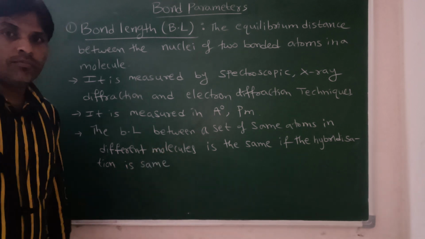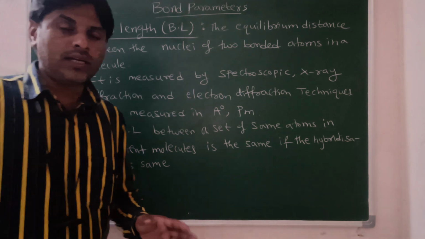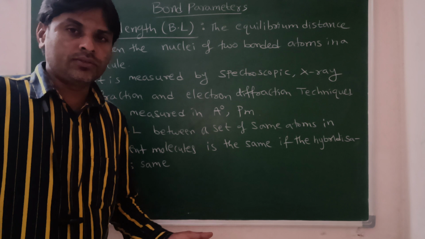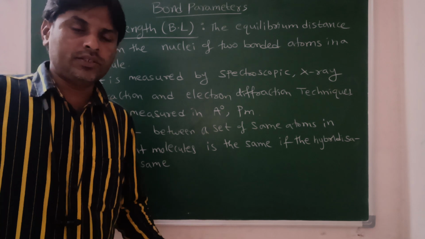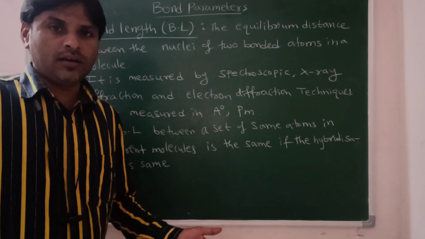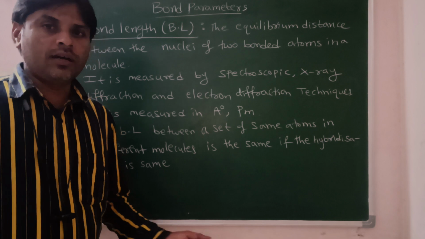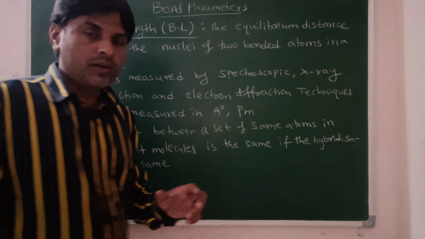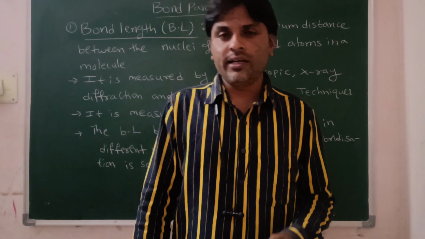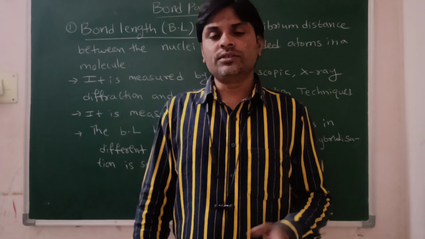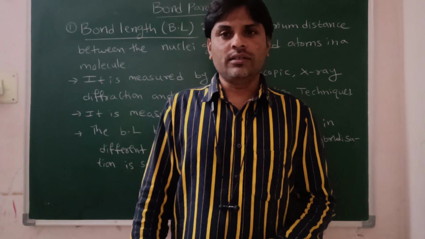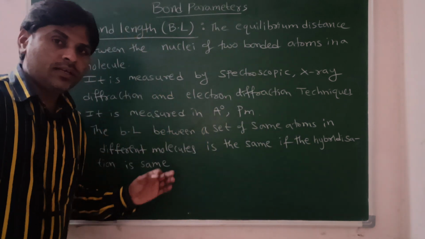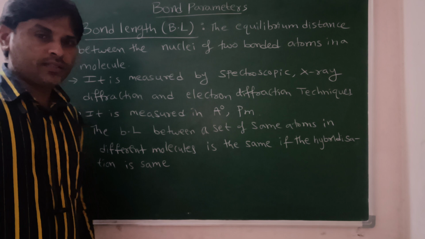For example, the bond length between oxygen and hydrogen is the same in water H2O, in hydrogen peroxide H2O2, and in alcohols, methyl alcohol or ethyl alcohol. In all these compounds, the oxygen-hydrogen bond length is 0.97 angstroms, because in all these compounds the hybridization is the same, that is sp3.